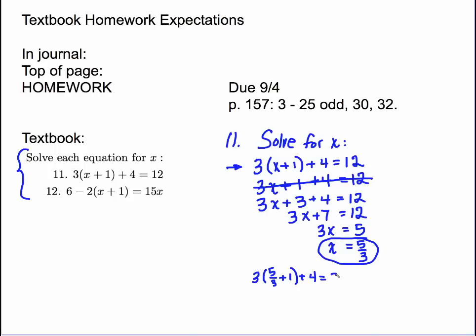And that's the same thing as 3 times 5/3 plus 3 times 1 plus 4. 3 times 5/3 is 5, so this is going to be 5 + 3 + 4, which is 7, and 5 + 7 is 12, and that's what you should get. So here what we did is we restated the problem, you showed your work, and then you checked the answer.